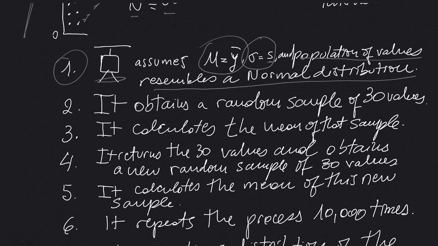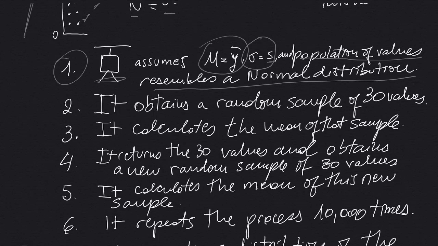But that's not it, because we want to know the confidence interval. We want to know how good our estimation is. Is it quite precise that the mean of our sample is exactly the same as the mean of the population?